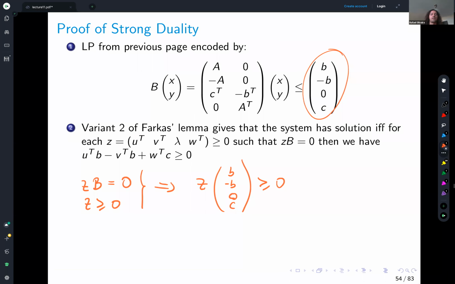Okay, that's what variant 2 of Farkas lemma says.